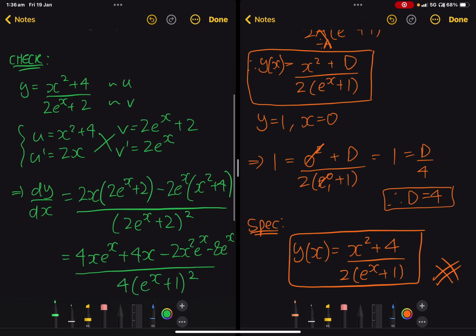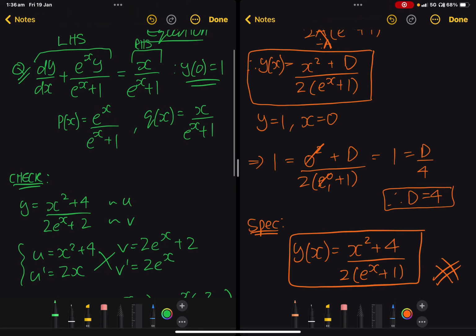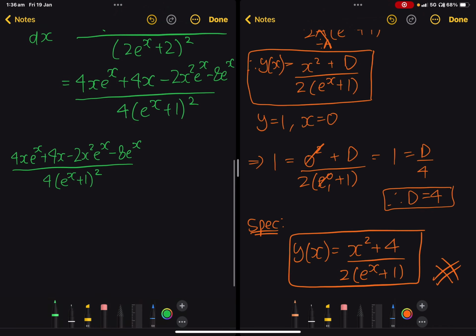And then we need to add e^x over (e^x + 1) times y. So this will be plus e^x over (e^x + 1) times y. That's the thing we have over here. That's our specific solution, (x^2 + 4) over 2 times (e^x + 1).